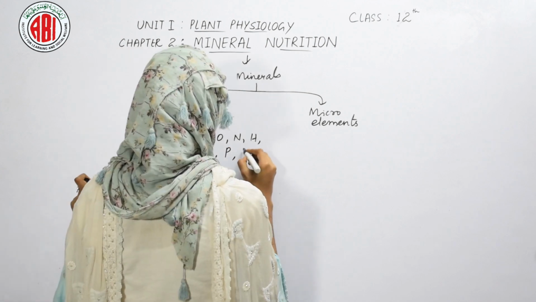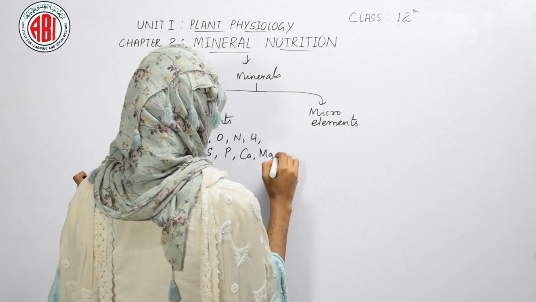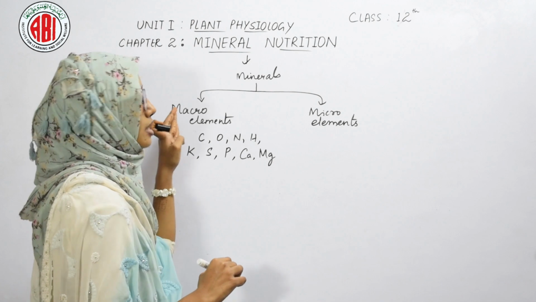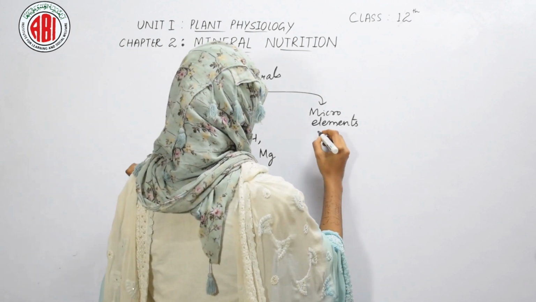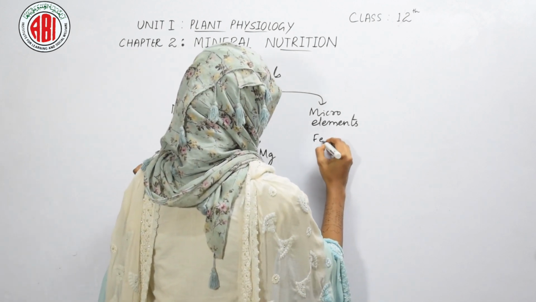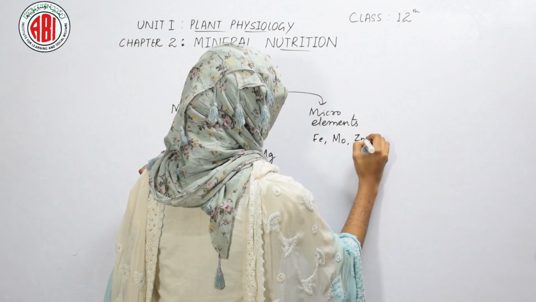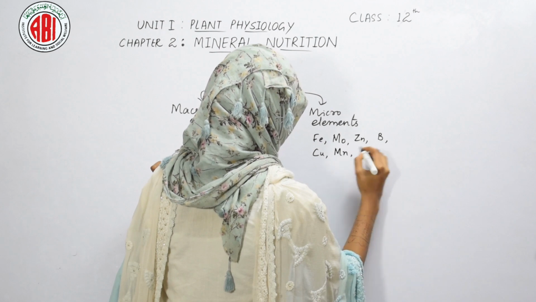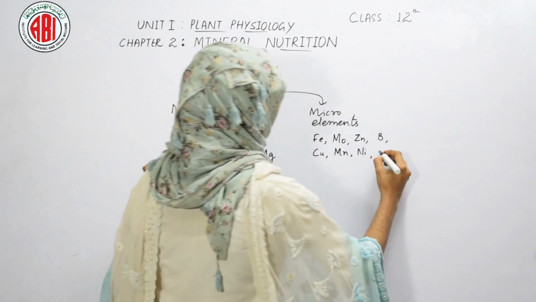phosphorus, calcium and magnesium. So, these 9 elements are considered as macro elements, and micro elements include iron, molybdenum, zinc, boron, copper, manganese, nickel and chloride ions.